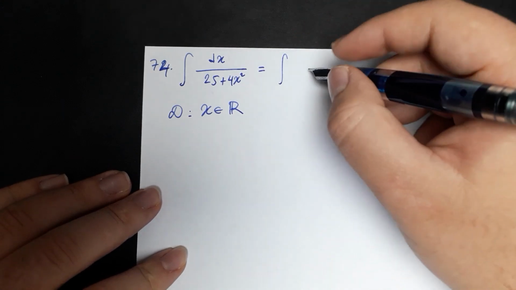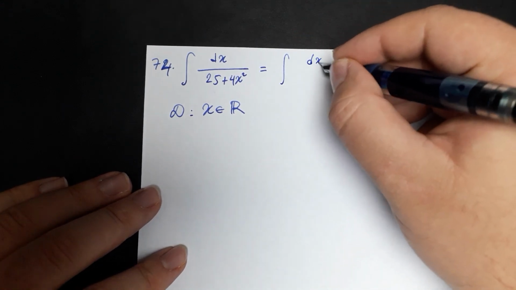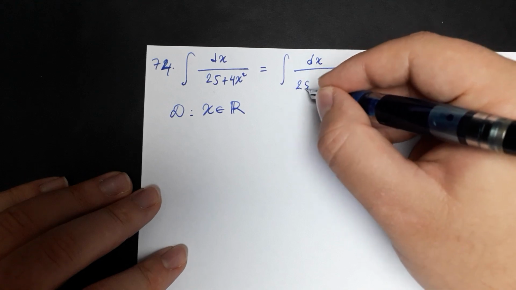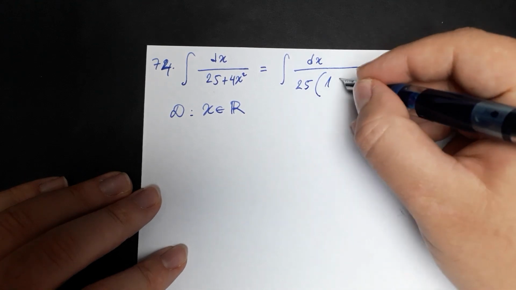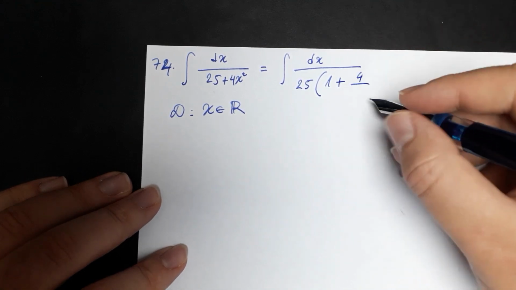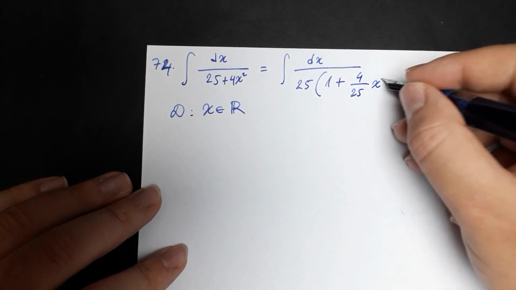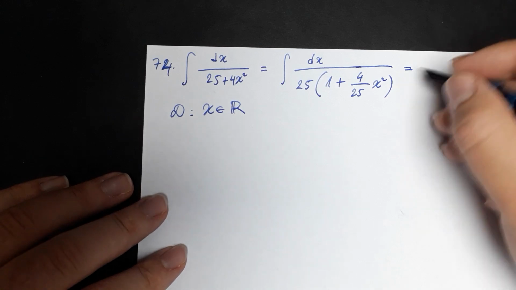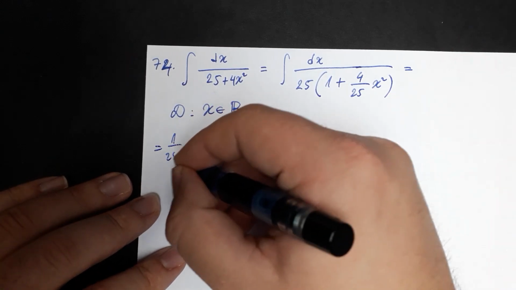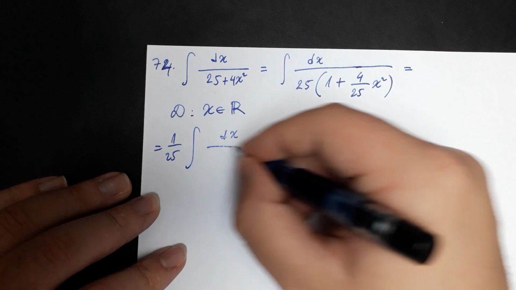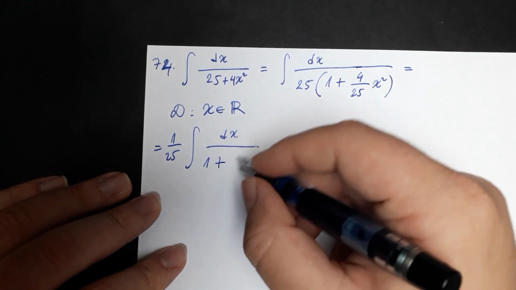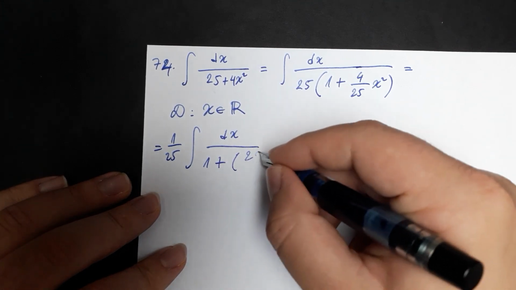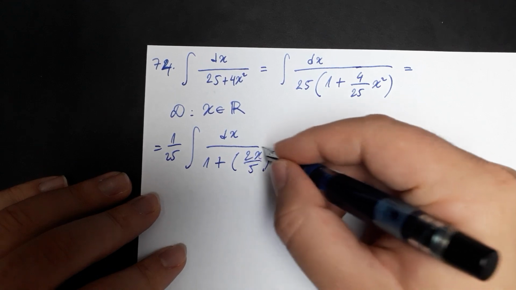So this integral is then equal to dx divided by, if we take 25 outside of the bracket, we get 1 plus 4 divided by 25 x squared, and that is equal to 1 divided by 25 integral of dx divided by 1 plus (2x divided by 5) squared.